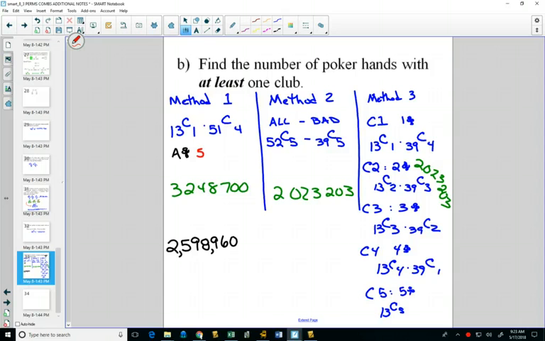I happened to get maybe the 5 of hearts, the 7 of diamonds, the king of hearts, and the 2 of clubs. Can you see that that would be one possibility in this situation?